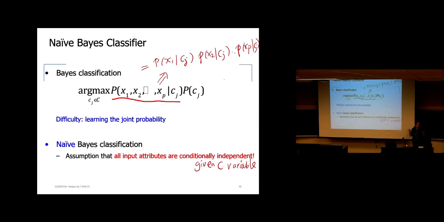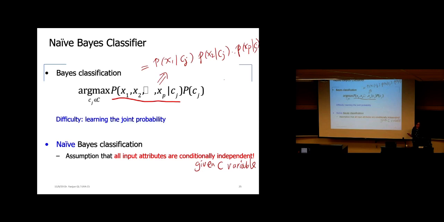And I just assume all these variables are conditionally independent from each other. If you still remember the conditional independence assumption, when variables are conditionally independent, this joint probability equals a multiplication of each variable conditioned on that specific class variable.